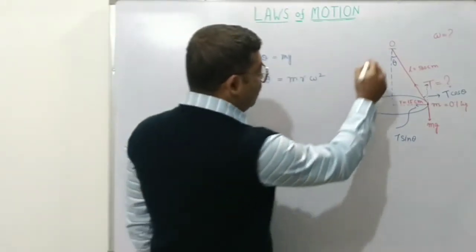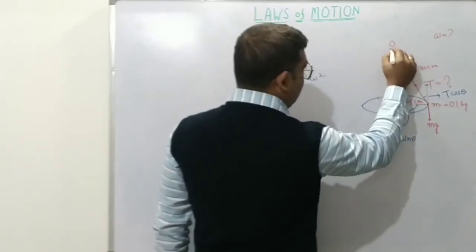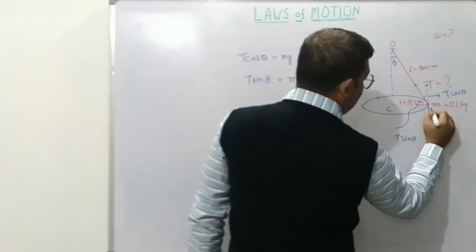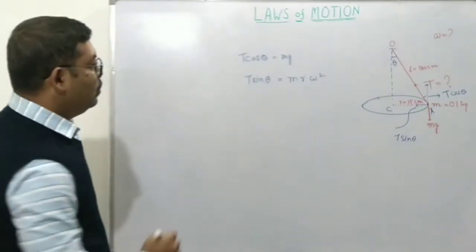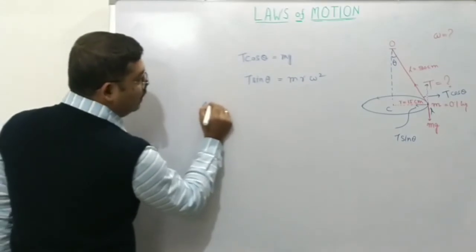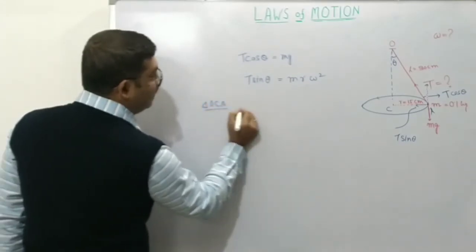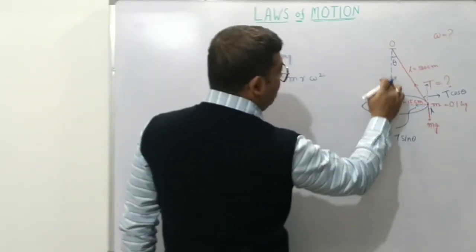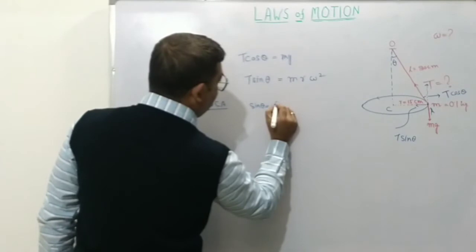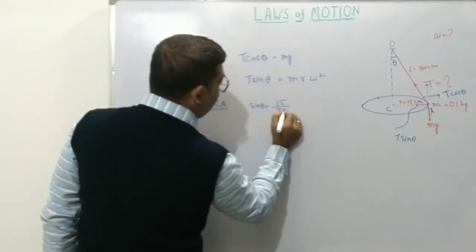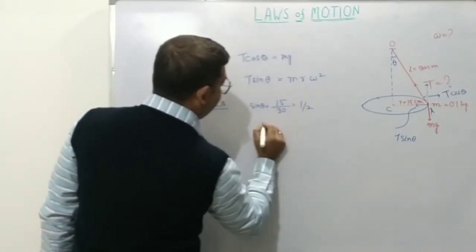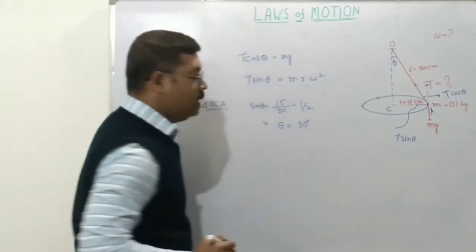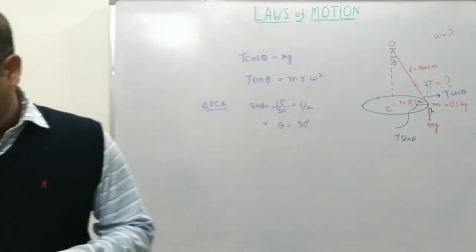If you consider the triangle formed by this point, the center of the circle, and the position of the mass m, let's call it A, then in the right angle triangle OCA, sin theta, that is perpendicular by hypotenuse, will be equal to 15 by 30, that is half. Therefore, theta will be 30 degrees.